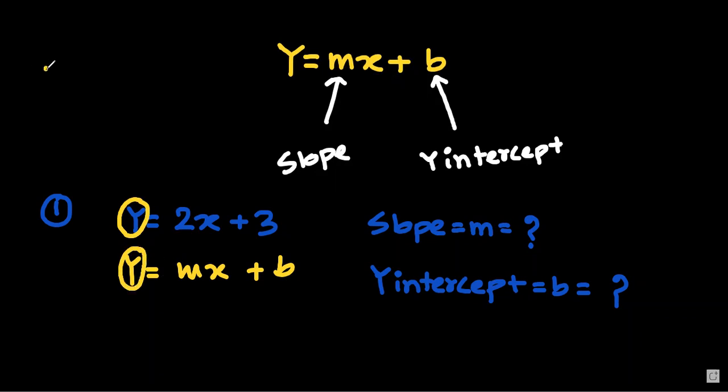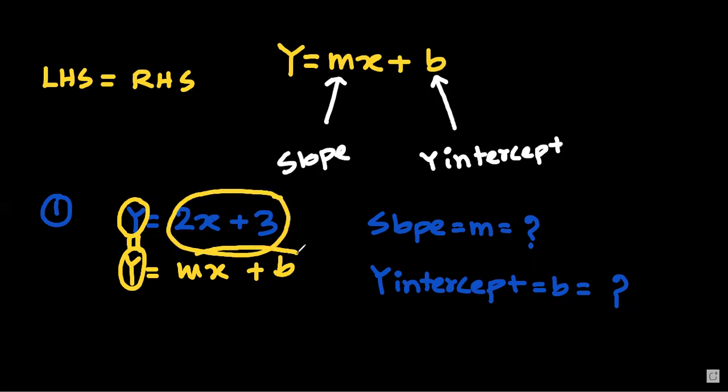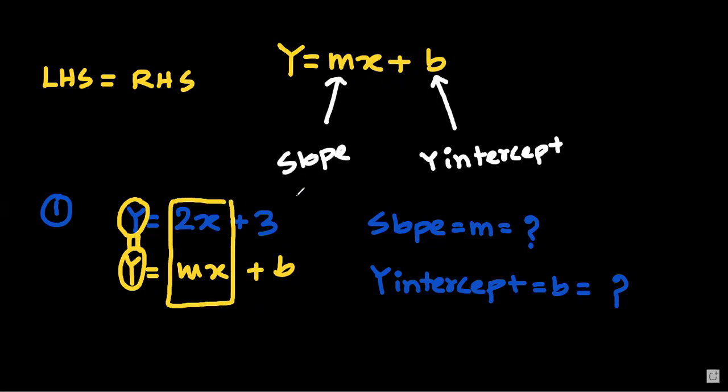In an equation the left-hand side should equal the right-hand side, so 2x plus 3 should also equal mx plus b. It means 2x should equal mx, and b should equal 3. So the b value is 3.